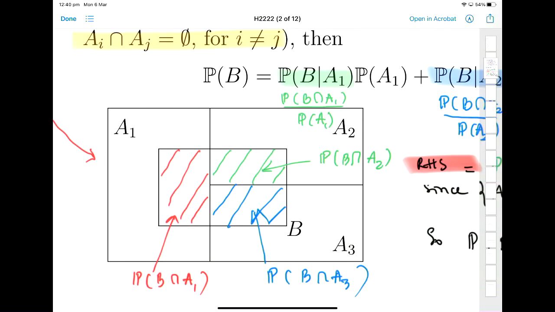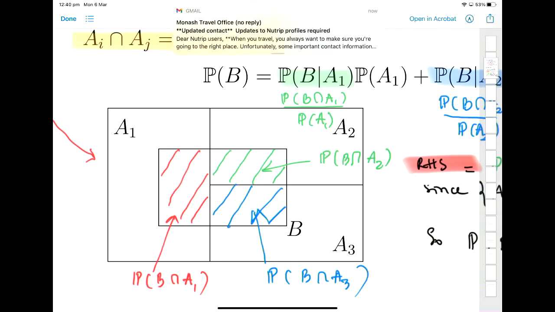Right? From the multiplication rules, the first term is the probability of B given A1 times the probability of A1, right? The second term is B given A2 times the probability of A2. And the last term is the probability of B given A3 times the probability of A3.